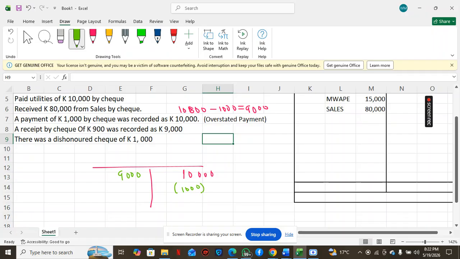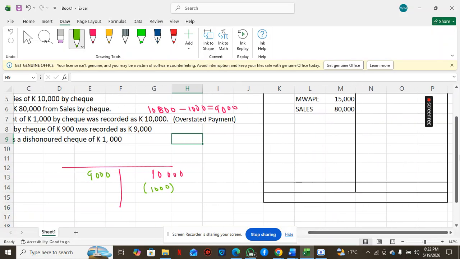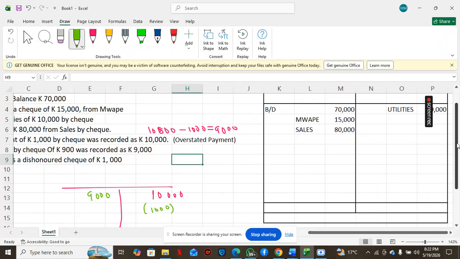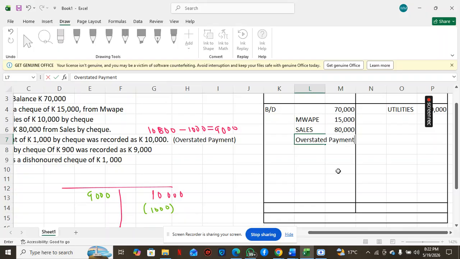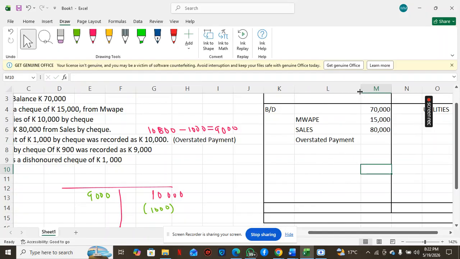If you credited this 9,000, you'd overstate the payment more. So whenever you have an overstated payment, first find out how much it's overstated by, then debit. So we say debit overstated payment of 9,000 kwacha.